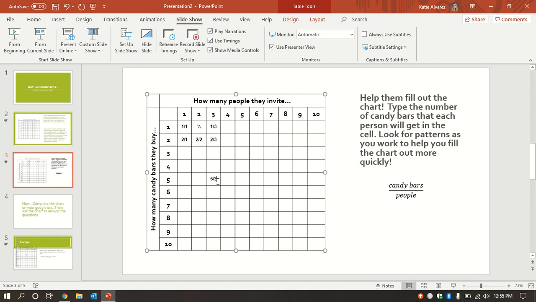And you should be thinking in your head, since that's an improper fraction, meaning the numerator 5 is bigger than the denominator 3, each person is going to get more than one candy bar. Then you're going to continue filling out the entire chart on your document, following the example that I just set.